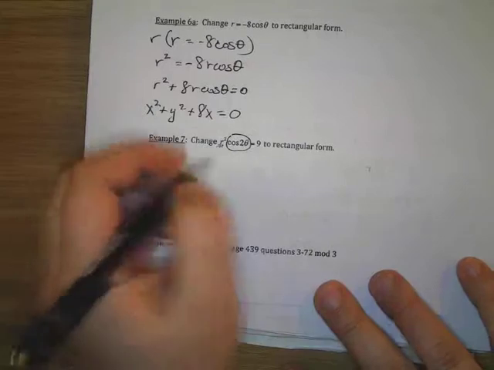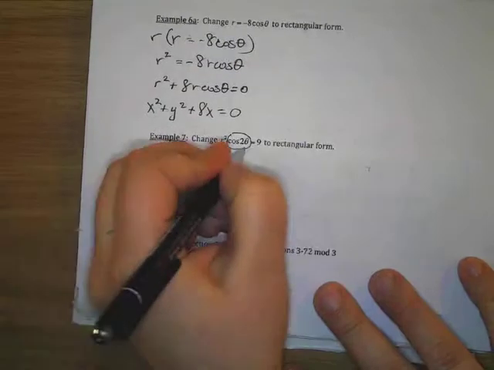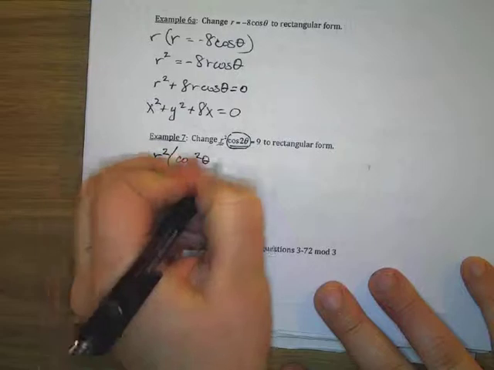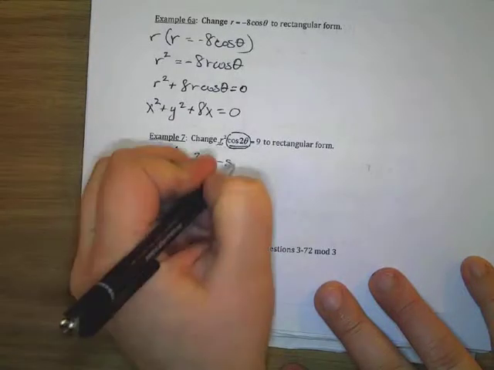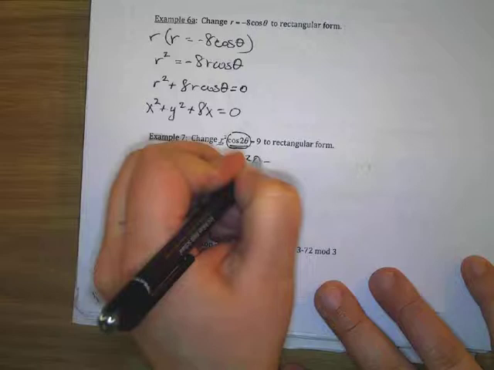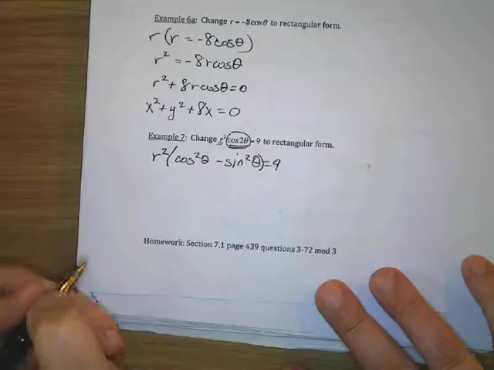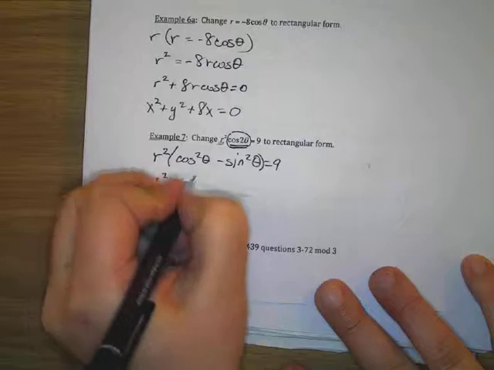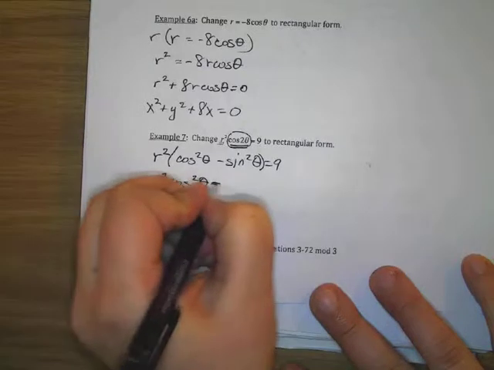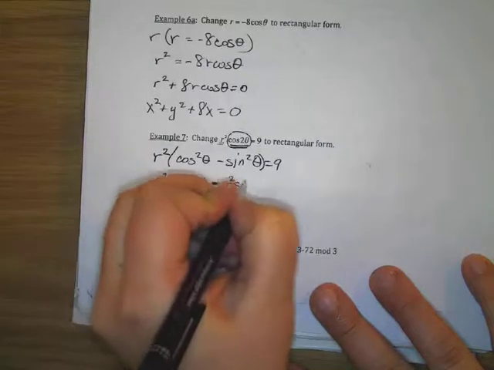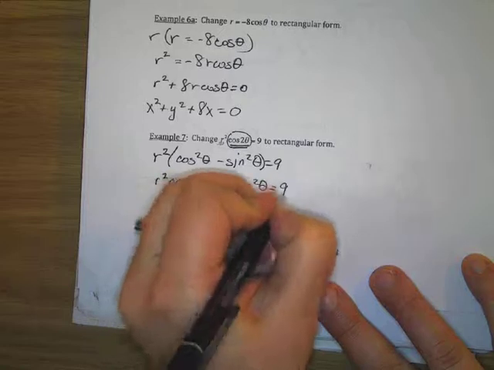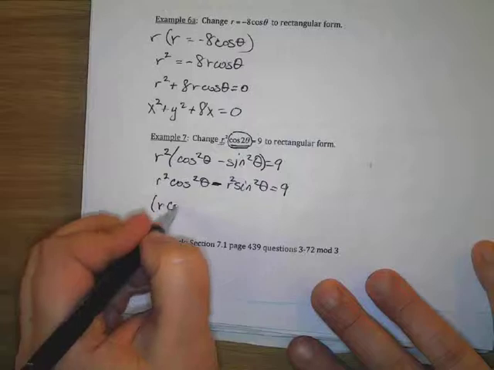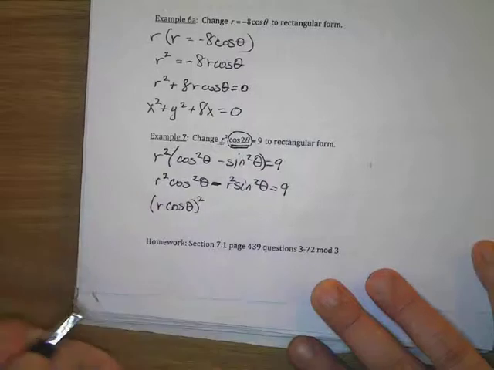Okay. So r squared, and instead of cosine 2 theta, if you look at the first identity, it's cosine squared theta minus sine squared theta. If you distribute the r squared through, instead of thinking of it as r squared cosine squared, could you think of this as r cosine theta squared?